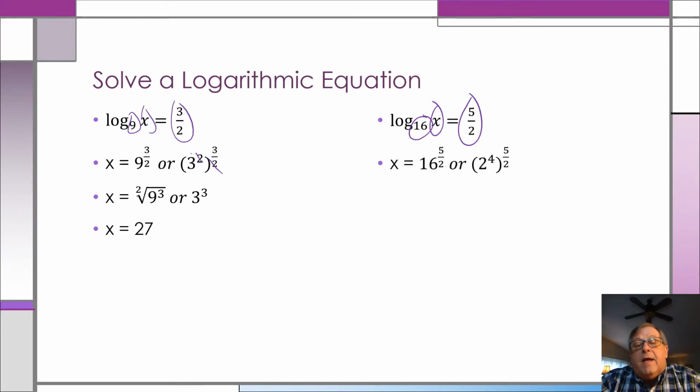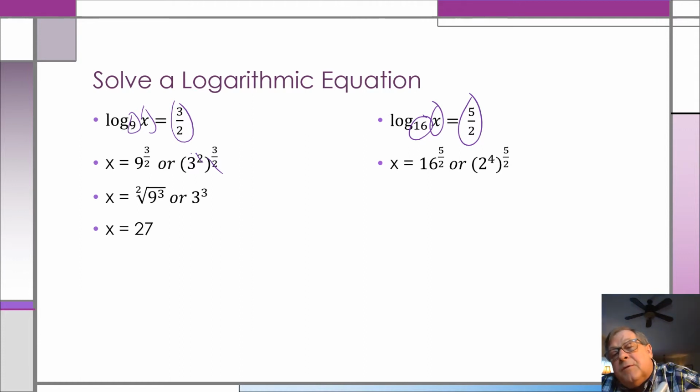So we rewrite that so it's where x is equal to 16 raised to the power of 5 over 2, or we're talking about the square root of 16 raised to the 5th power. And again, I put that where we could simplify it. And if we do, I've got 2 raised to the 4th power, and I'm multiplying those exponents, 4 times 5/2.